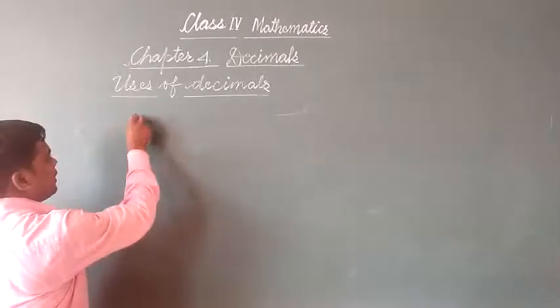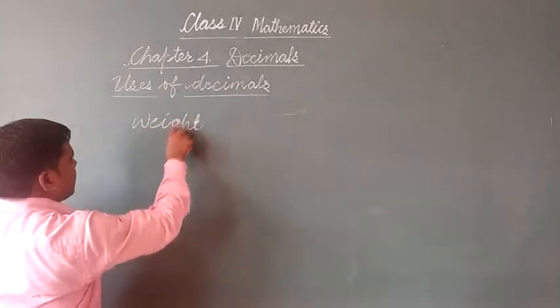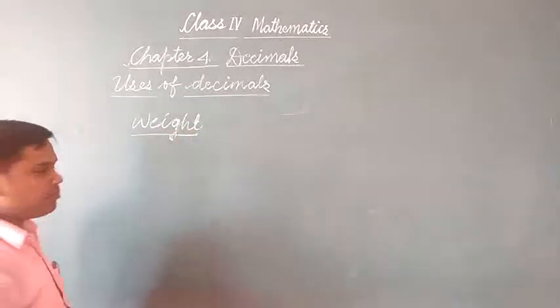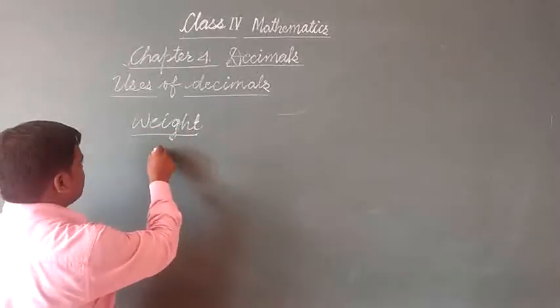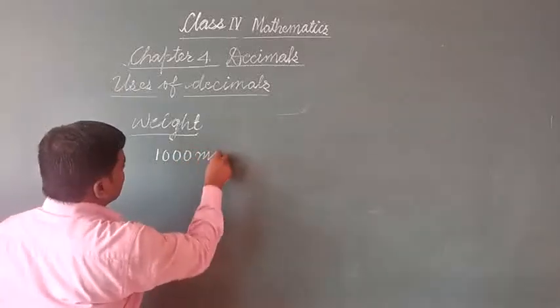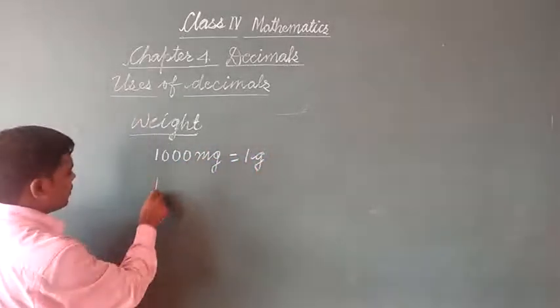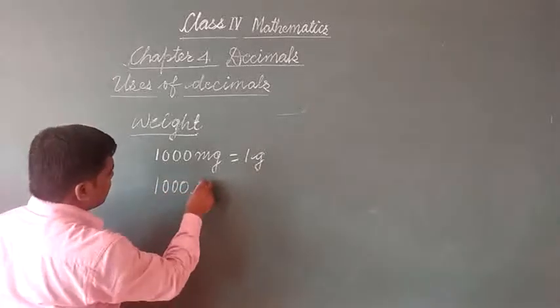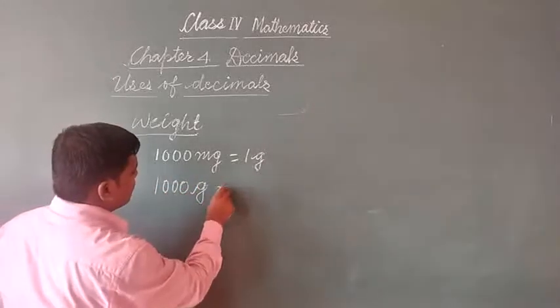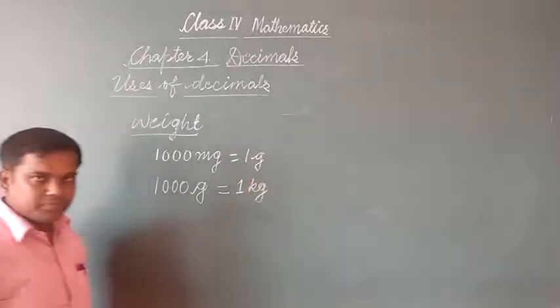For example, in case of weight, we have 1000 milligram is equal to 1 gram. 1000 gram is equal to 1 kilogram.